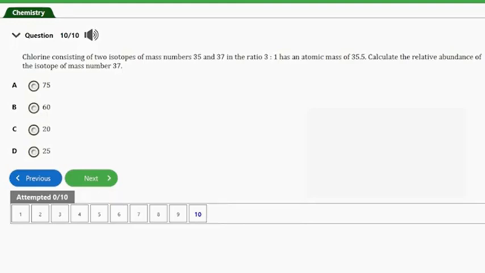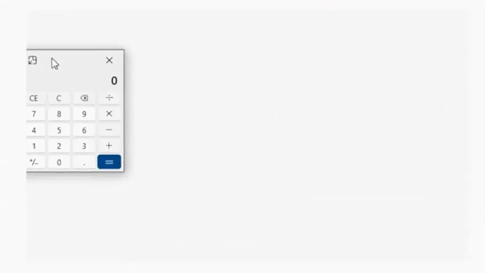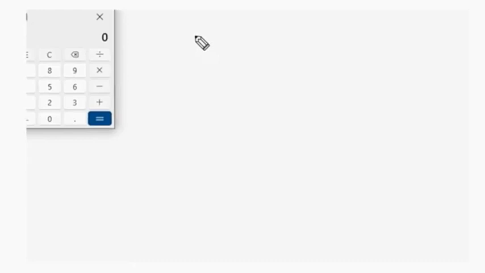Alright, so guys, let's zoom into our workspace and get our calculator down here. First of all, we're going to state out chlorine 37 and chlorine 35.